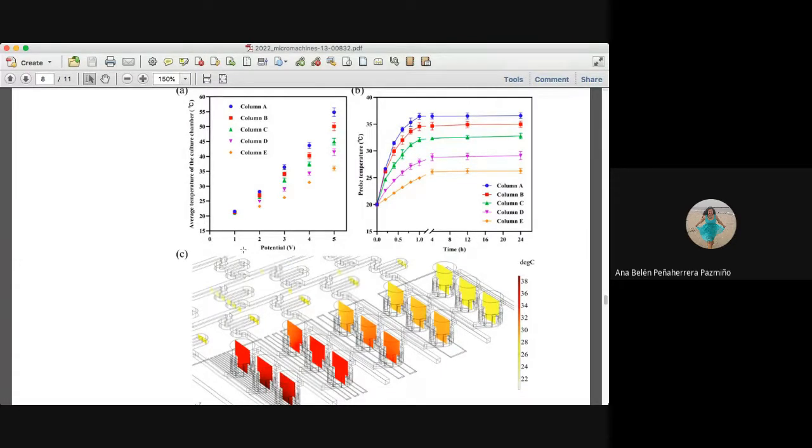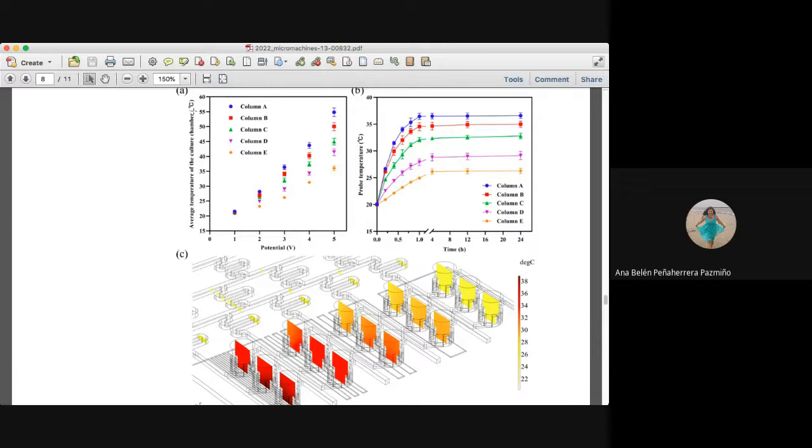So they control the potential. So, for example, with 2 volts, they reach this range of temperature from 22 degrees Celsius to 30. So that was the best range of temperature to work for these polyps, okay? But if we increase to 3 volts, then the temperature reaches too high, 36 degrees Celsius.